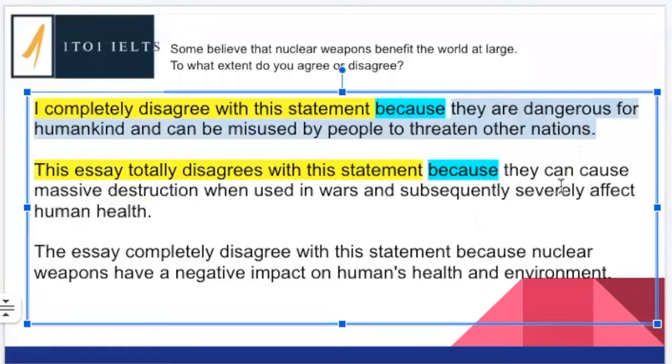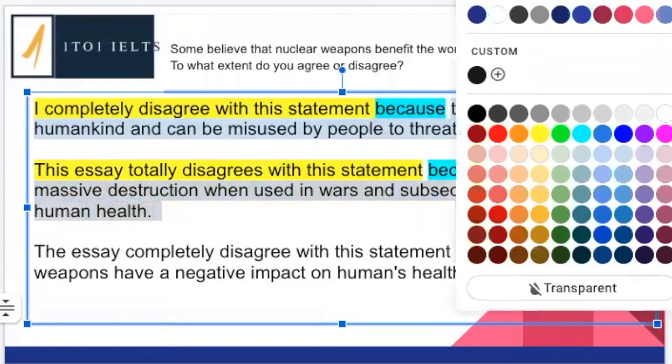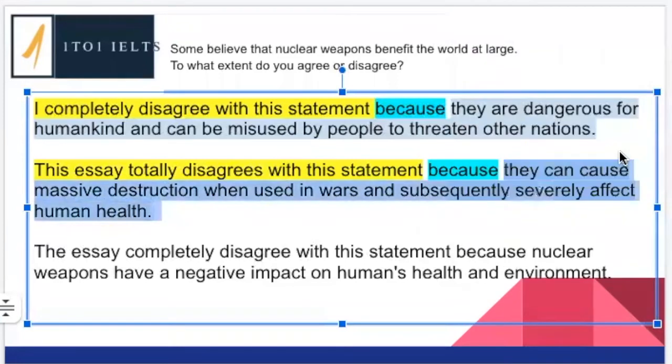So they subsequently severely affect human health. This time we do have two clear ideas. So they cause massive destruction, so that's referring to the environment, and they can affect human health. So we've got environment, human health, which seems like two clear ideas. And this looks like a nice clause, or independent clause that we have here.